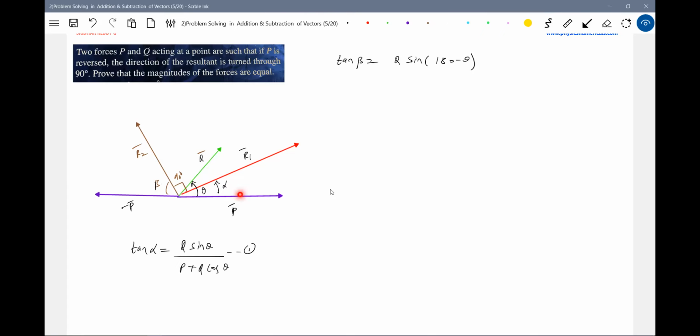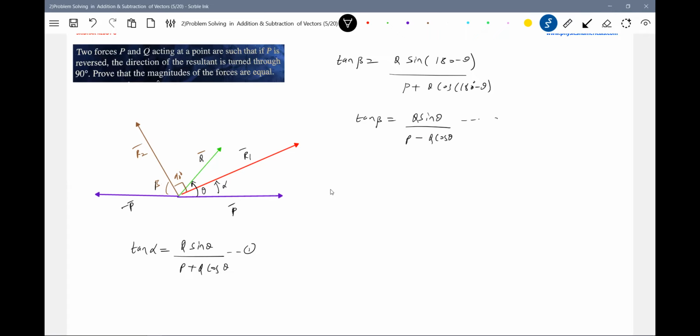The angle between P bar and Q bar is theta, so the angle between minus P bar and Q bar should be 180 minus theta. So this will become tan beta equals Q sine theta by P minus Q cos theta.